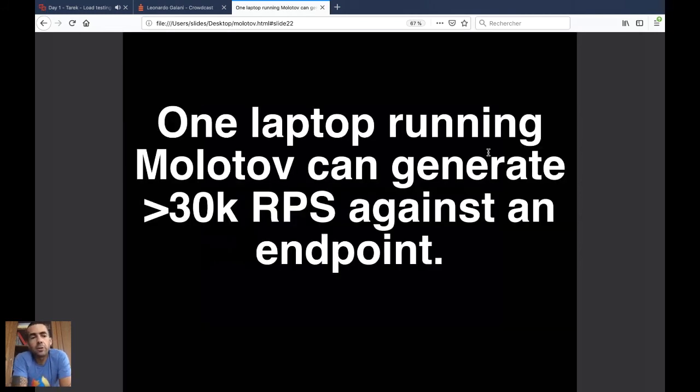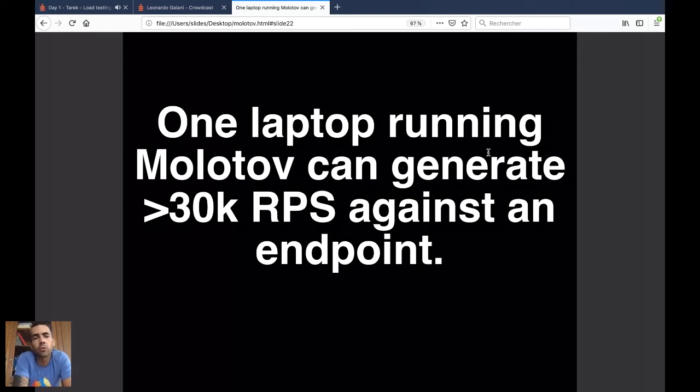So like I said earlier, a single laptop is usually good enough to break anything. For instance, we had a service at Mozilla we had to load test, and in 5 minutes, we were able to bend it to its knees with just one laptop connected to the network. Because using asynchronous frameworks, you can create a lot of concurrent requests.